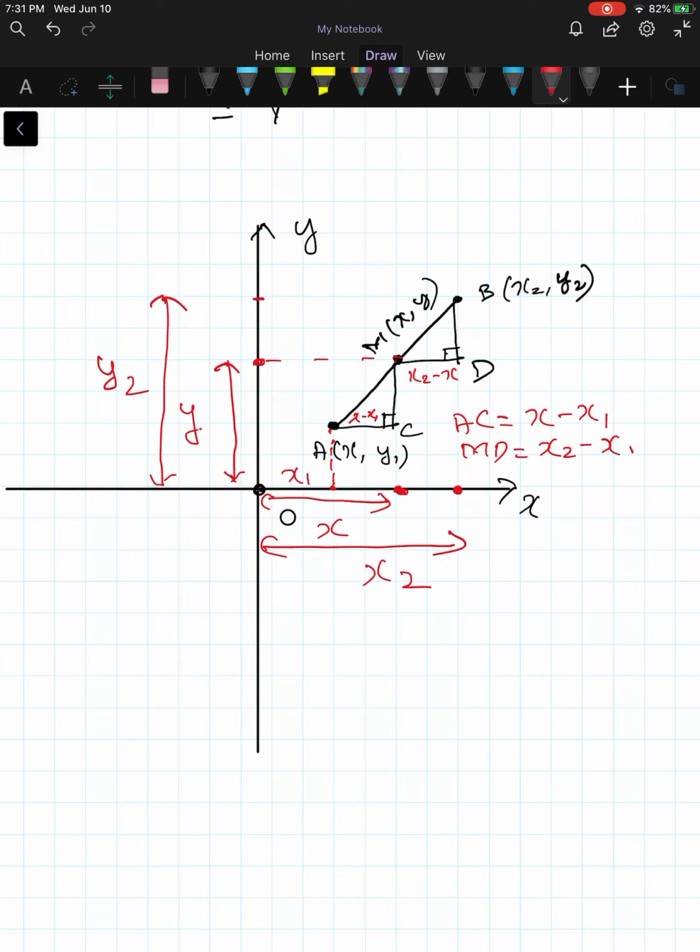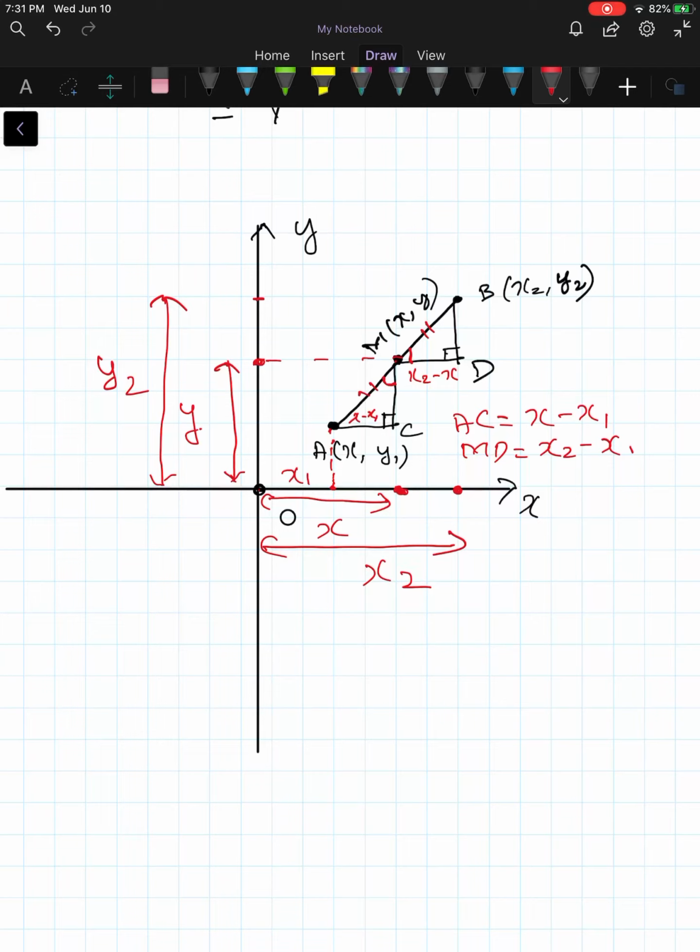So we can see that the two triangles that we have drawn are congruent. Why so? Because AM is equal to MB. Because M is the midpoint, so it is dividing the line segment AB into two equal parts. So they are equal. And there are right angles. So angle ACM and angle MDB are equal. And their corresponding angles here are also equal.